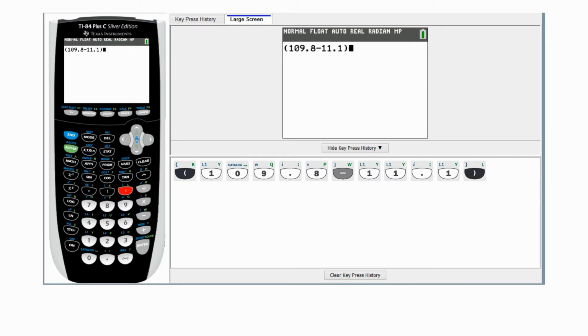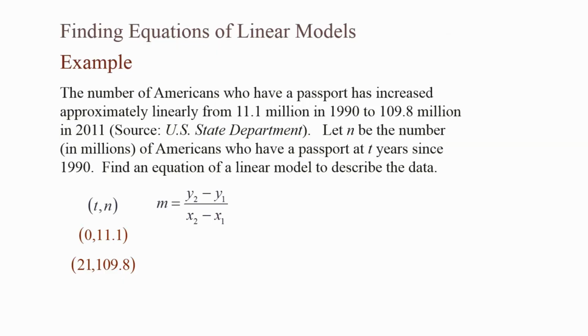We need it to subtract before it divides. Divide, and again we need to subtract first, so open parenthesis 21 minus 0 close parenthesis, and we get 4.7. So m equals 4.7.